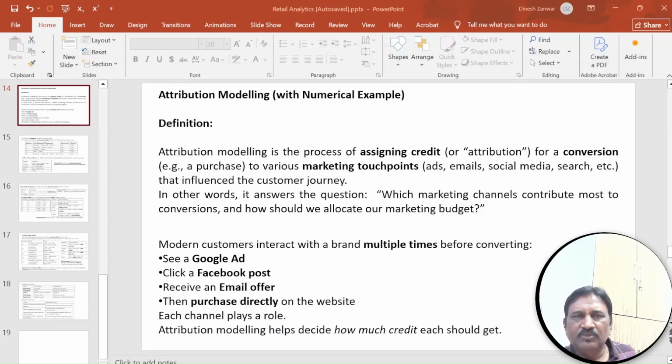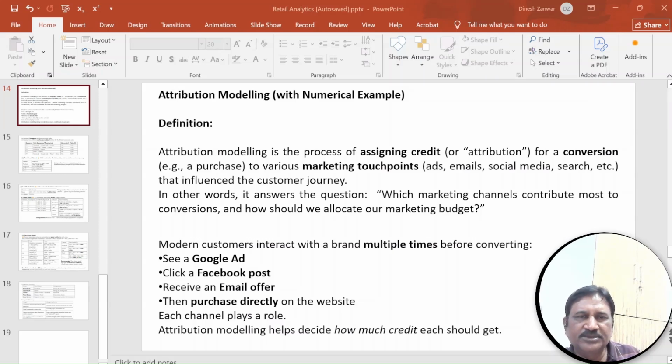So we have various models of assigning the credit to various mediums. The first model is the first touch model. Customer C1 got his first interaction with Facebook. So we will be looking at which medium got the first interaction, right?